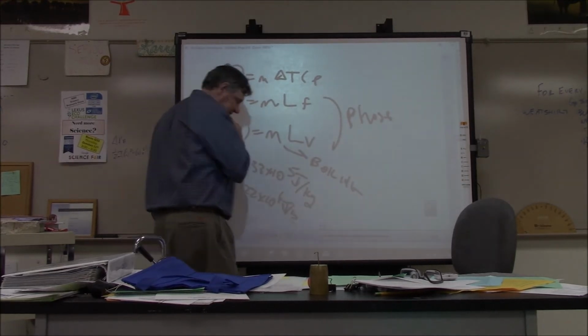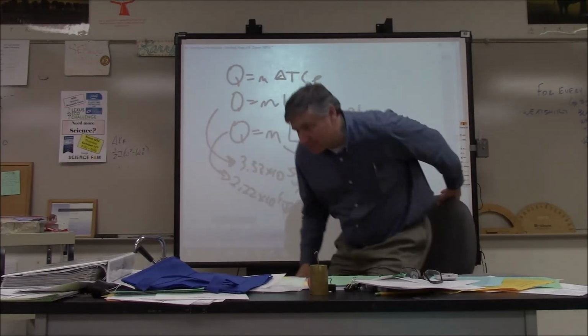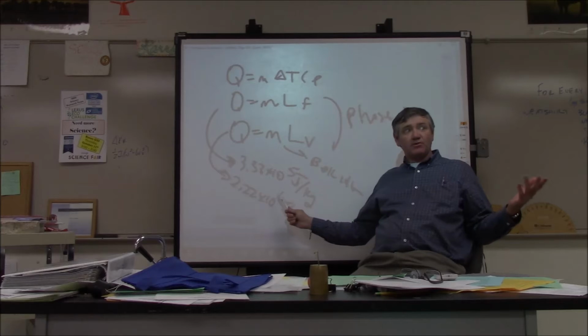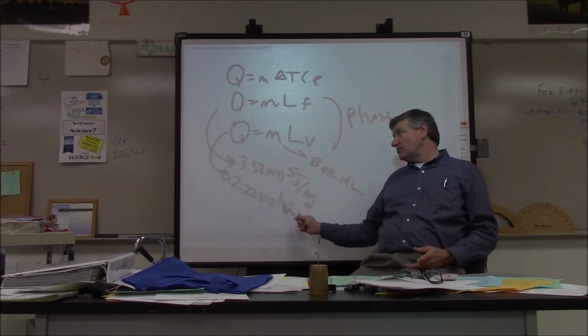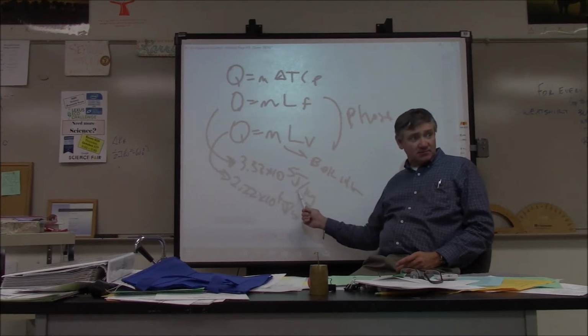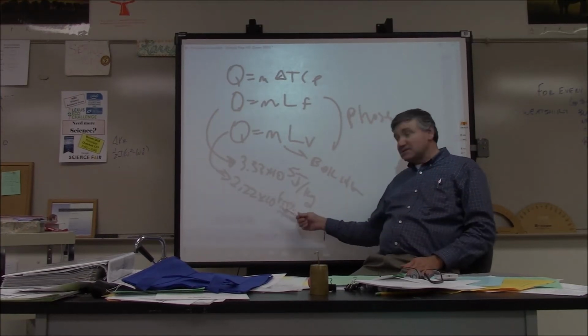Now, here's the deal. Notice that it takes a lot more energy to boil water, by basically an order of magnitude of 10. It takes a lot more energy to boil water than it does to melt ice. So, just keep that in mind.